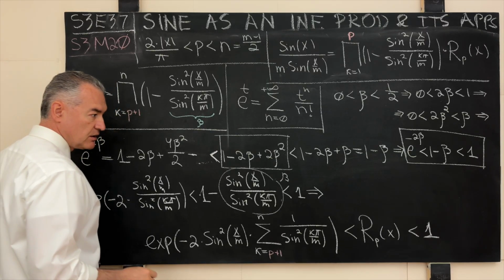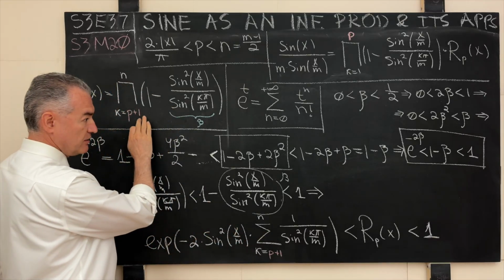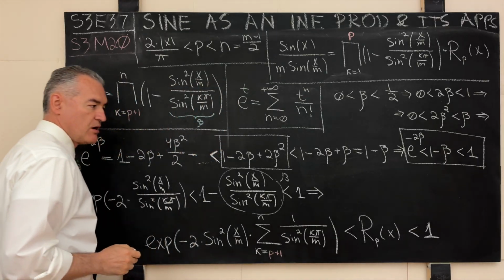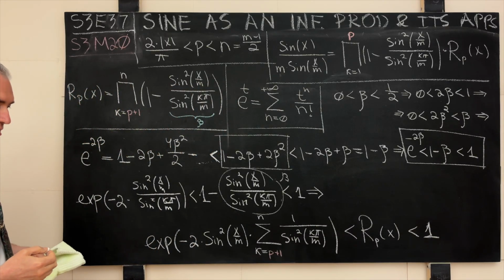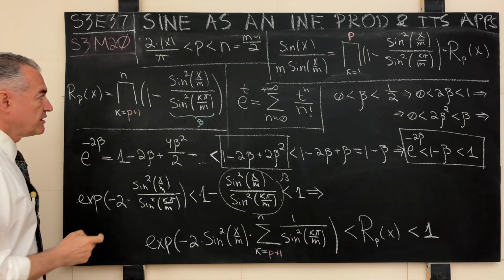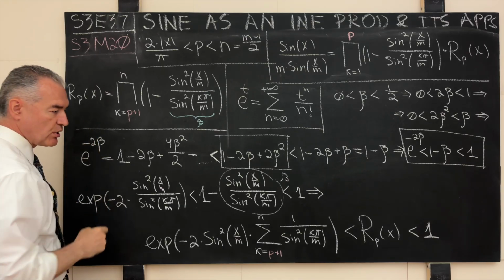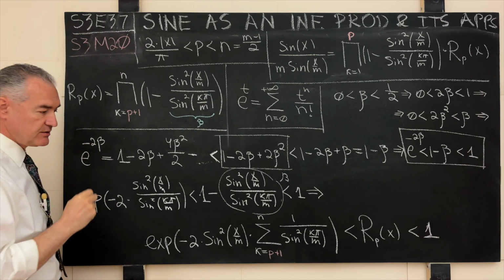But in the middle, this whole thing multiplied together the appropriate number of times will give us the residual product, Rp of x. You see, this is how we develop the way to control the magnitude of this residual product, and this will help us in the next step.